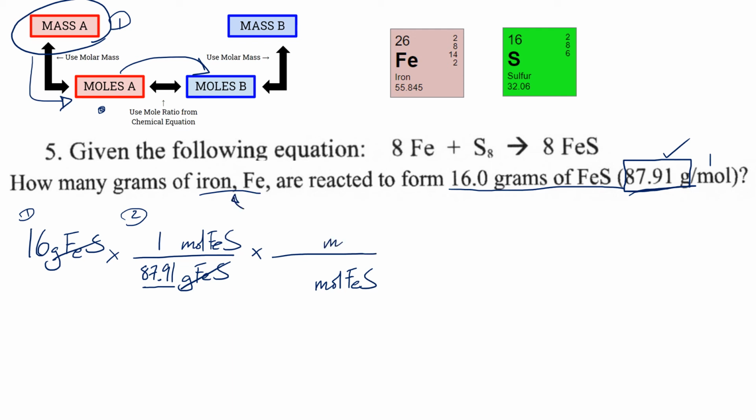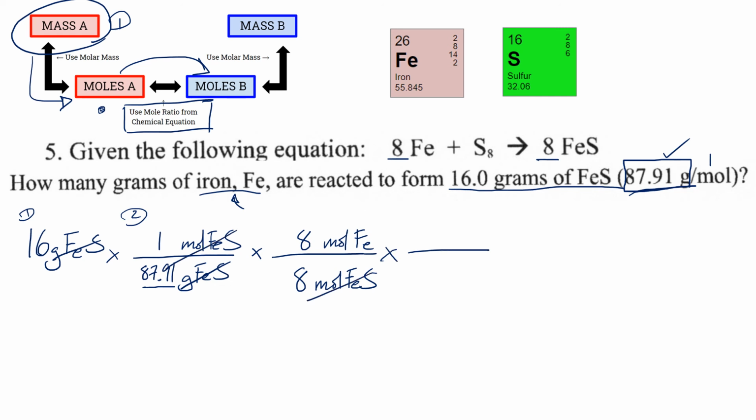Notice that in this step, we're going to use the chemical equation. So that means 8 irons for every 8 iron sulfide. So I'm going to multiply by 8 and divide by 8, so we're not going to change the value here. Notice that I'm using the coefficients of the balanced equation. Good.